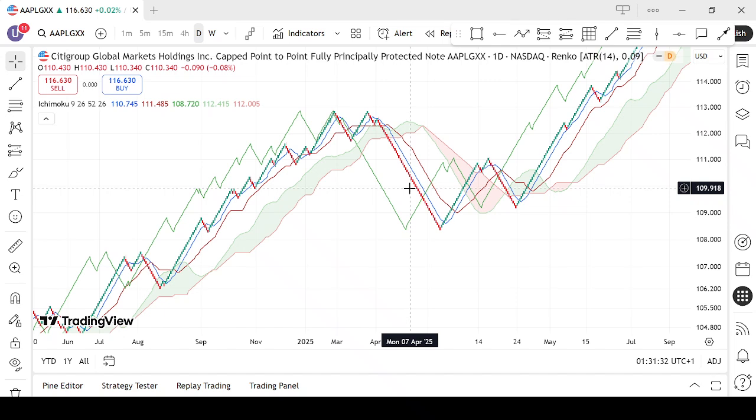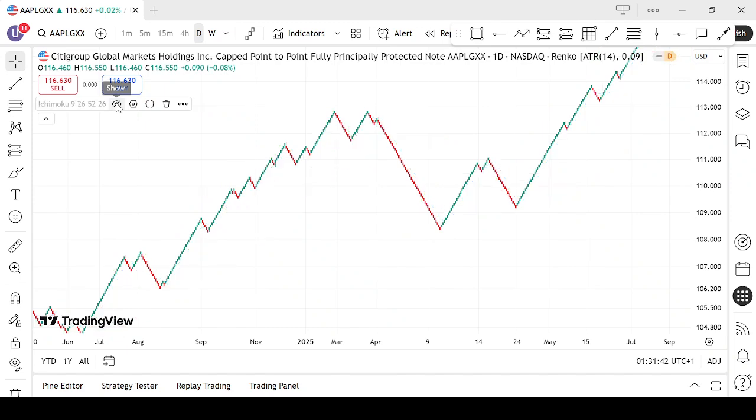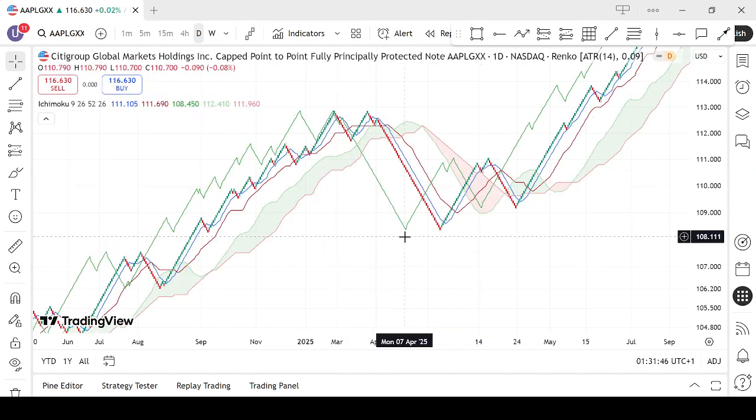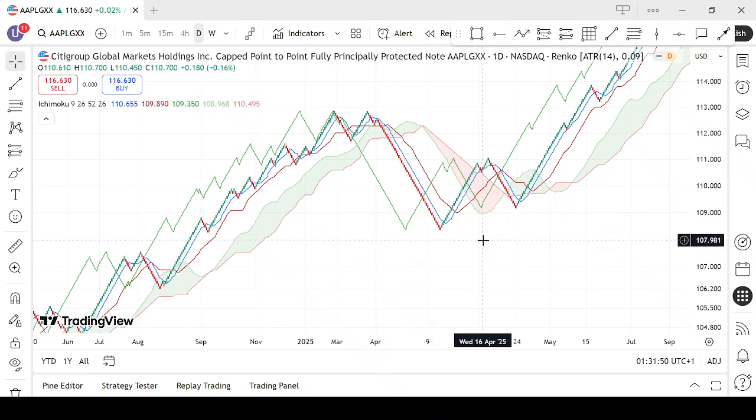This will eliminate market noise, allowing you to focus on meaningful price movement. The Ichimoku cloud will serve as your trend indicator and dynamic support and resistance zone.